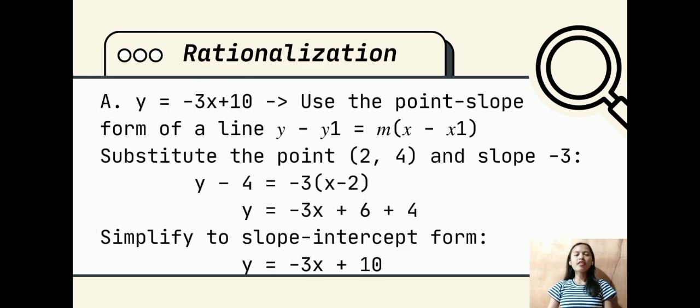The correct answer is letter A, y = -3x + 10. Using the point-slope form of a line, y - y1 = m(x - x1). Substitute the point (2, 4) and slope -3. We have y - 4 = -3(x - 2). Transpose: y = -3x + 6 + 4. Simplify to slope-intercept form: y = -3x + 10.